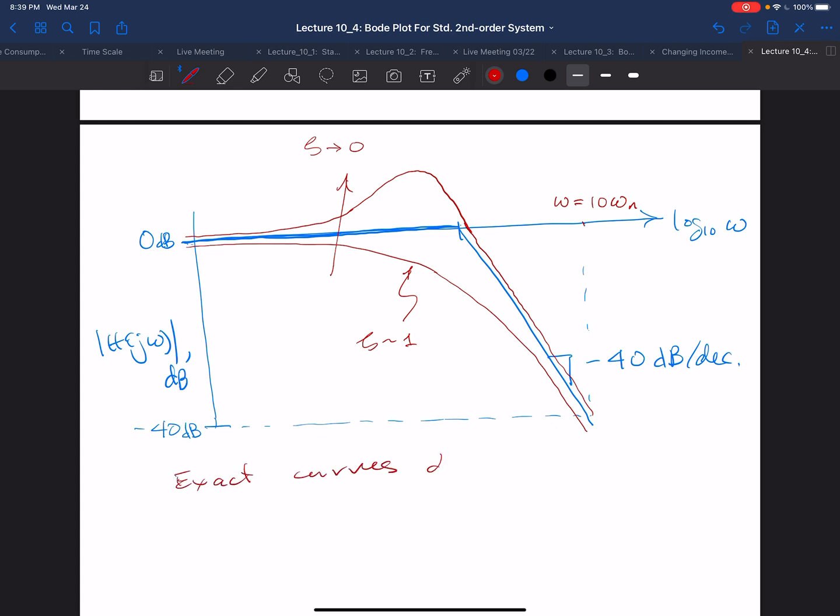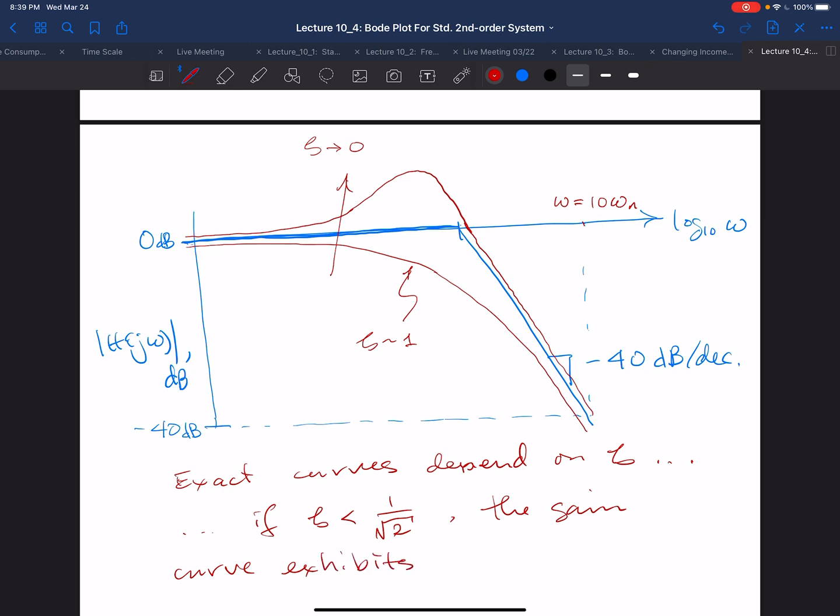The exact curves depend on zeta, and you won't be expected to draw the exact curves, but obviously it's of some interest to know what they look like. You get this peak whenever zeta is less than 1 over the square root of 2, which you can easily see by differentiating the expression for the magnitude. So if zeta is sufficiently low, this gain curve exhibits a peak.